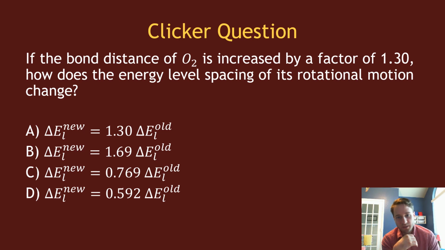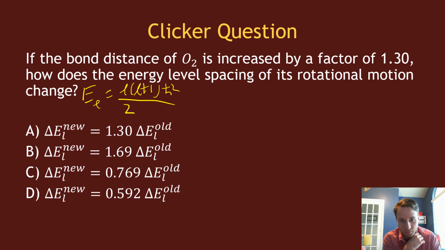All right, for this next question, looking at how the change in bond distance affects the energy level spacings of rotation. The energy for rotation is related to L times L plus 1, h bar squared over 2I.